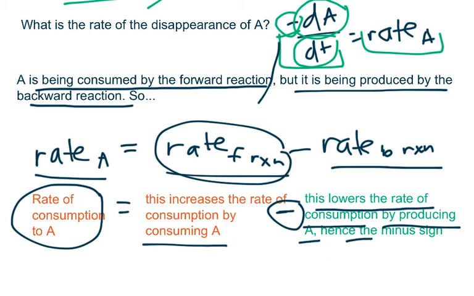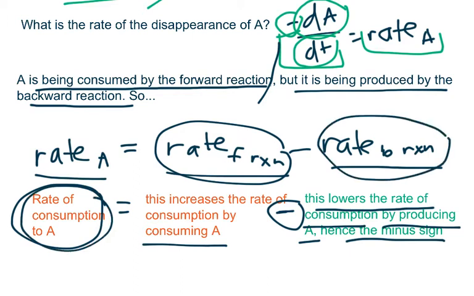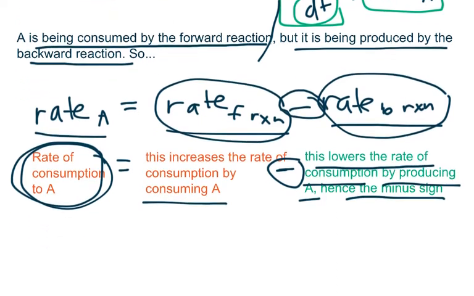So hence you are subtracting it, since if the positive value is consuming, then that means that production is going to be the opposite, or a negative value. So I hope you understood that explanation, but let's move forward.